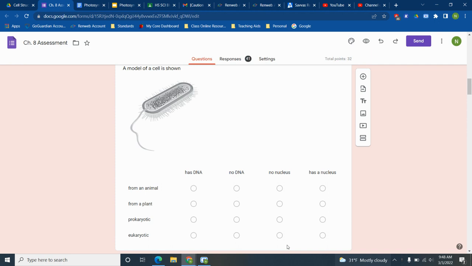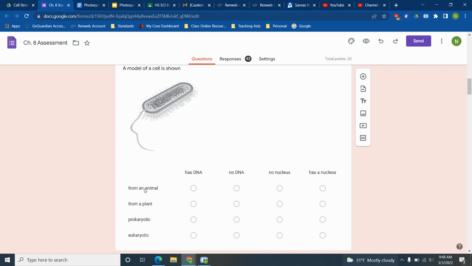It literally tells you that a model of a cell is shown right here. Here's your model. If you looked at this, you're like, okay, what am I supposed to be doing? Well, I know that there are lots of bubbles, and I guess the amount of bubbles confused you guys, but it was similar to a chart where you look at the left and at the top, and then you had to come together and figure out what the answer is.